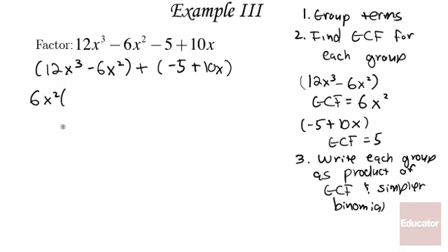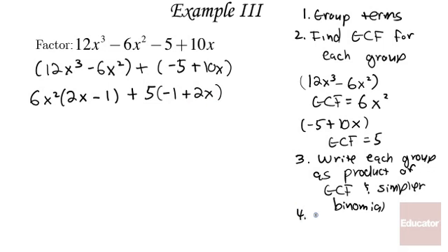If I take a 6x squared out of 12x cubed, I'm going to leave behind 2x. If I take a 6x squared out of 6x squared, I'm going to have a 1. It's not just 0 or nothing. You still have a 1 left behind, because if I multiplied 6x squared times 1, I would get 6x squared back. For my second expression, I have a greatest common factor of 5, which is going to leave me with a negative 1 plus 2x.